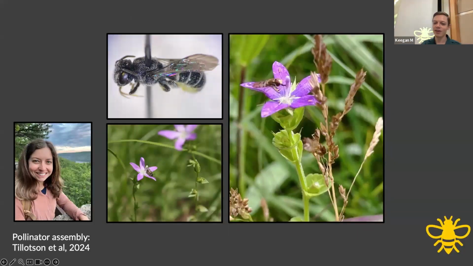The next potential barrier I investigated involved pollinators. Kate Tillotson's previous work has shown that pollinator community composition does not differ between Triodanis biflora, Perfoliata, or their hybrids when they co-occur. So I wanted to follow up and assess visitation rates.